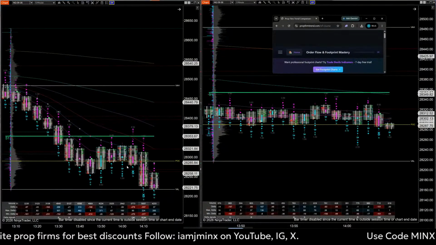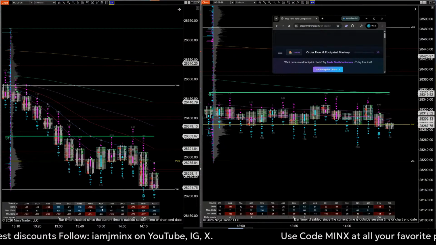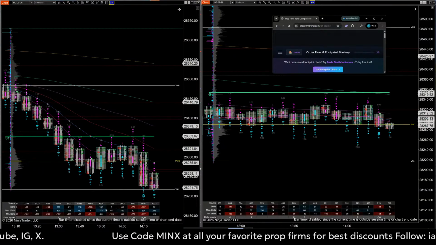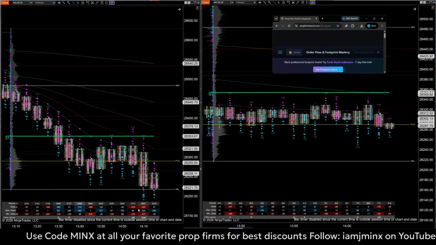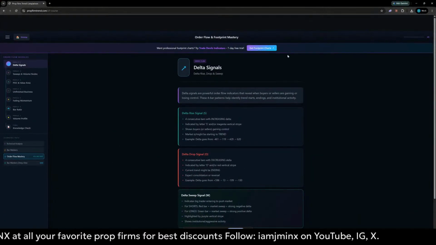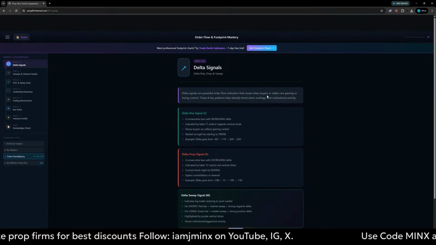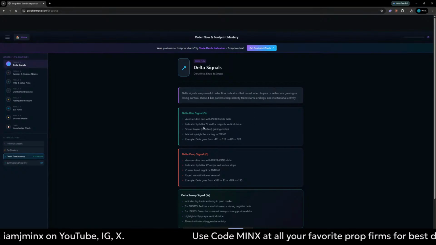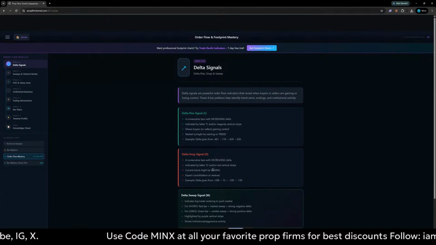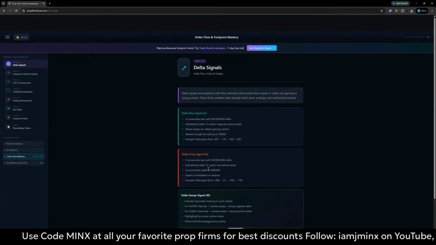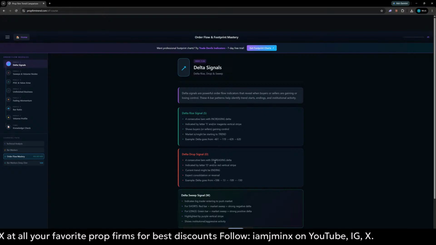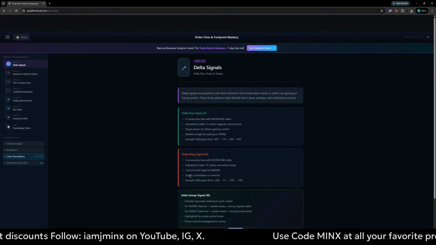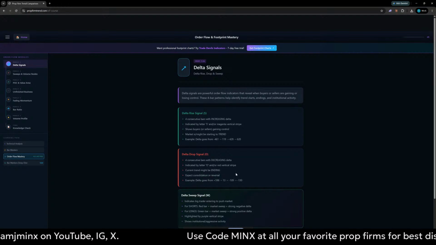Notice how we started getting decreasing delta here, and it typically shows that the trend that was going up is basically ending, and you expect a consolidation or reversal.